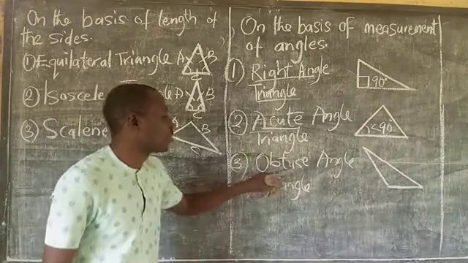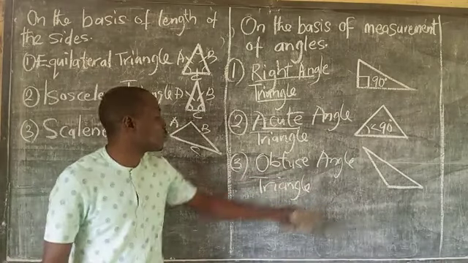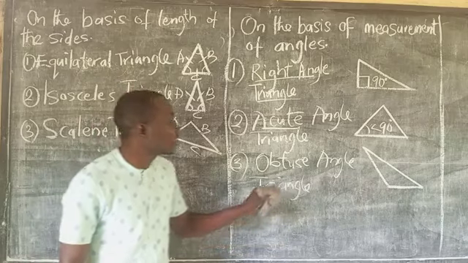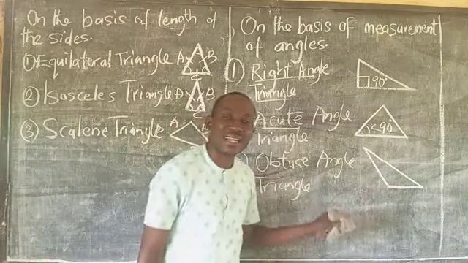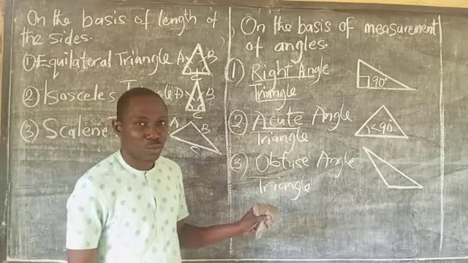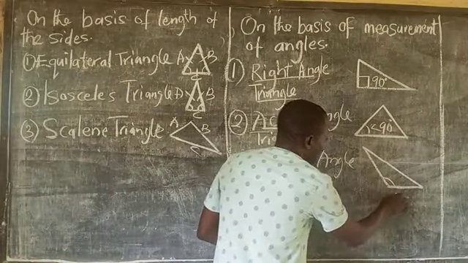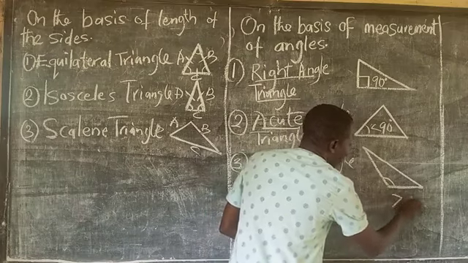And the last but not the least is the obtuse angle triangle. For the obtuse angle triangle, one of the angles is greater than 90 degrees. You see that? This angle is greater than 90 degrees.